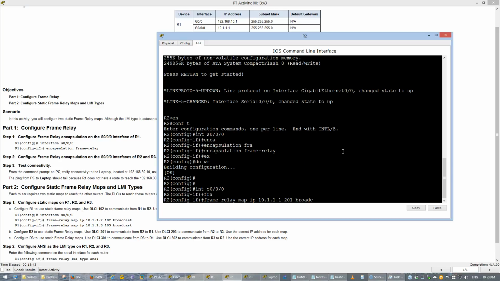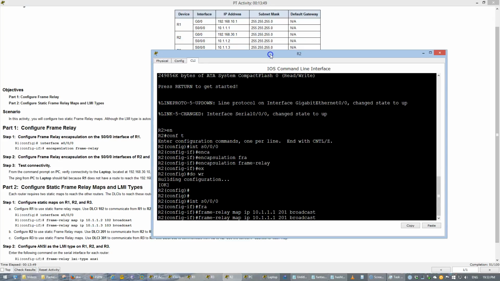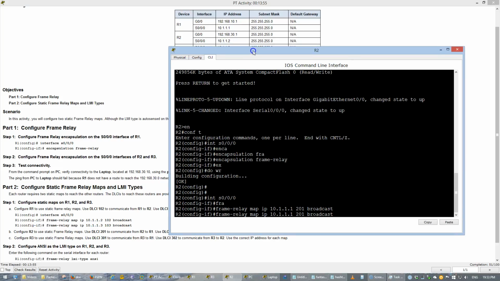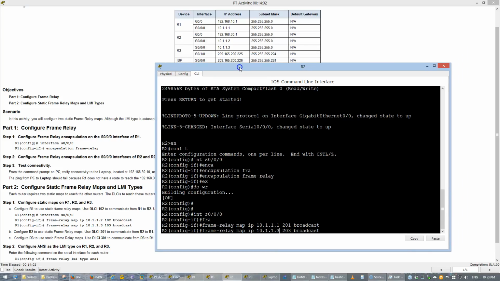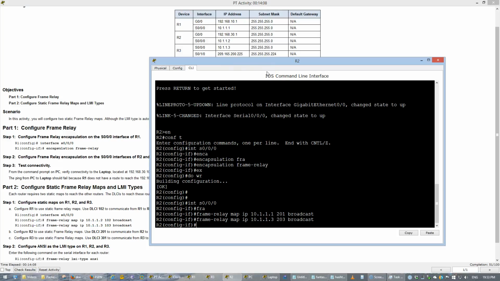Don't forget the broadcast keyword, and then map it to R2 to R3, and the DLCI will be 203. It should be, yep. And the remote IP of R3 right here is the 10.1.1.3. There we go.